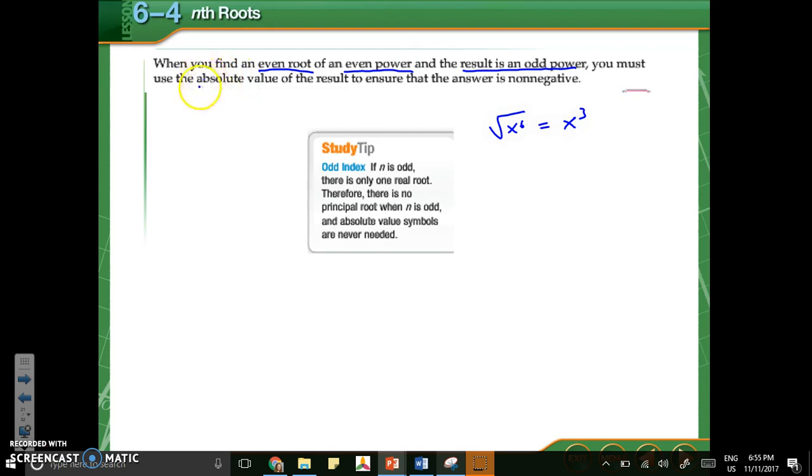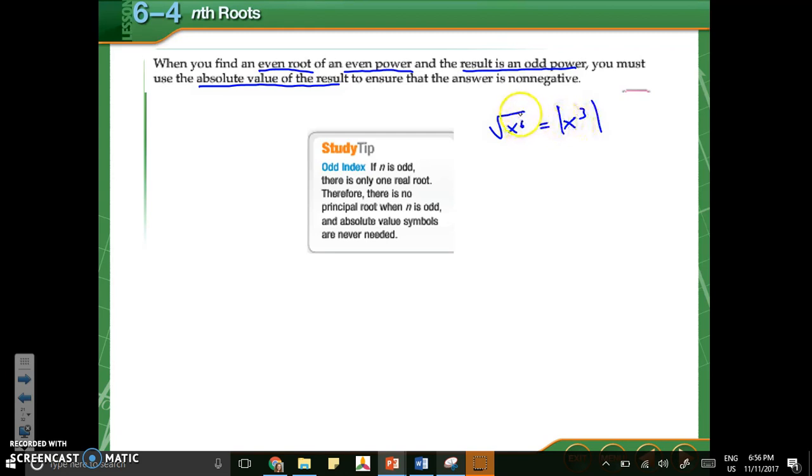I have to do the absolute value of the result to ensure that my answer is not negative, okay? Because I don't know what's happening here, right? x could be negative, and if x is negative and I'm taking a negative number cubed, I would get a negative answer from a square root, right? Without the negative being in front, and that can't happen.